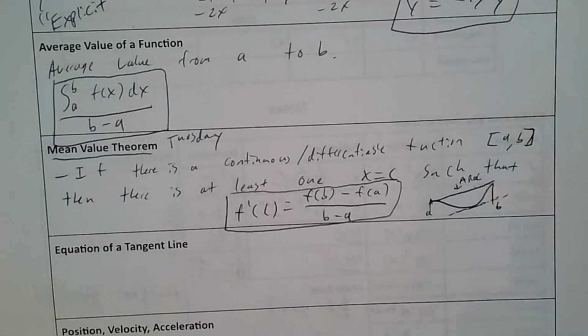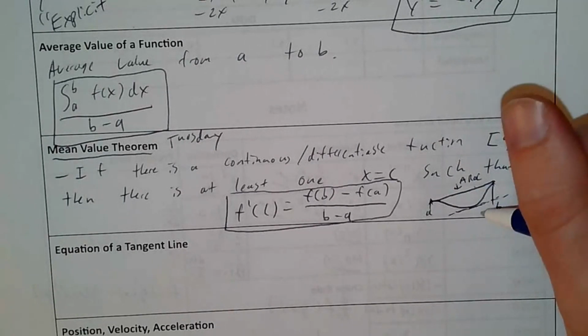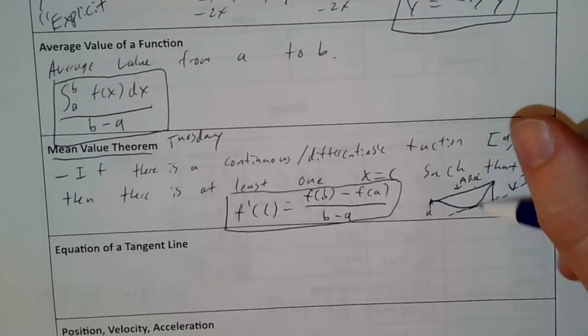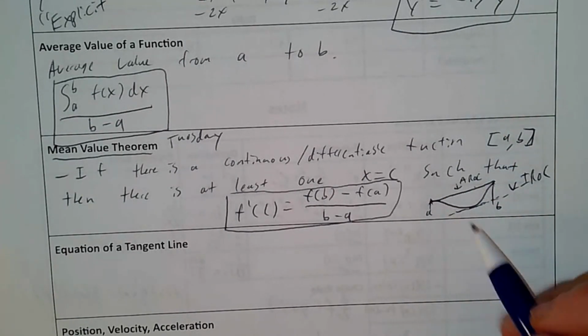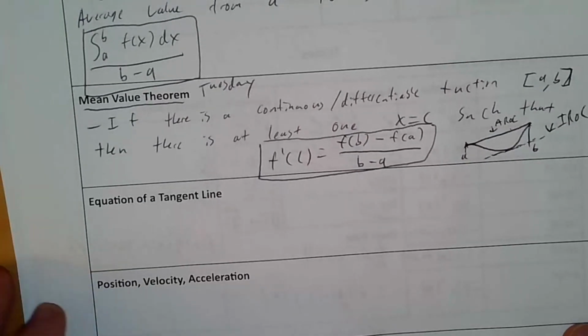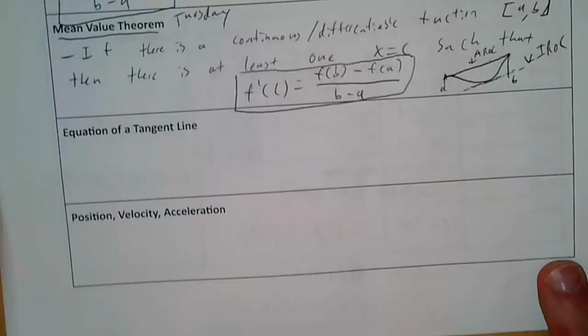See, this is the secant line that's giving the average rate of change. This would be that derivative, so that instantaneous rate of change equals the average rate of change. So these slopes are the same. Anyway, I'll go over this on Tuesday in more detail, but that's the gist of mean value theorem.